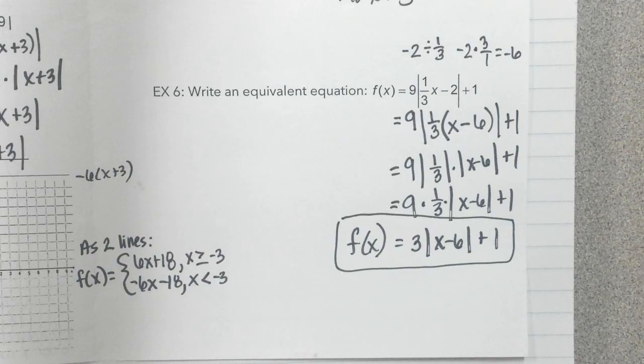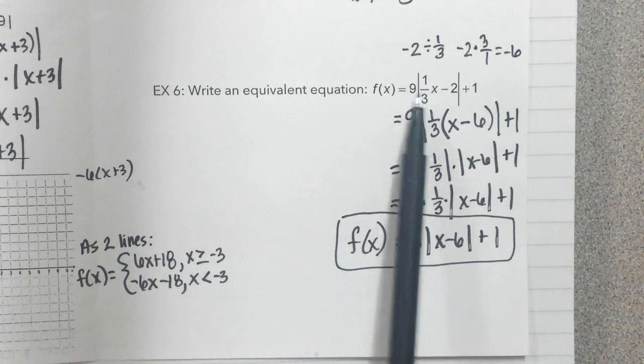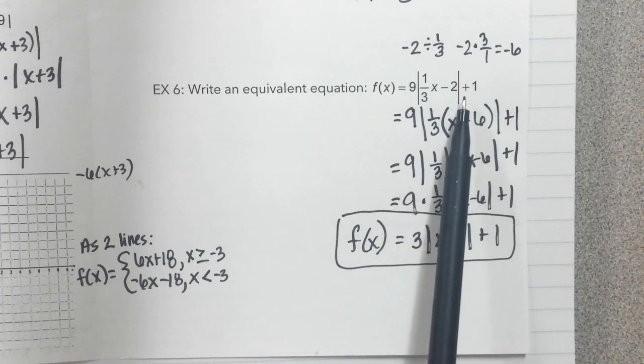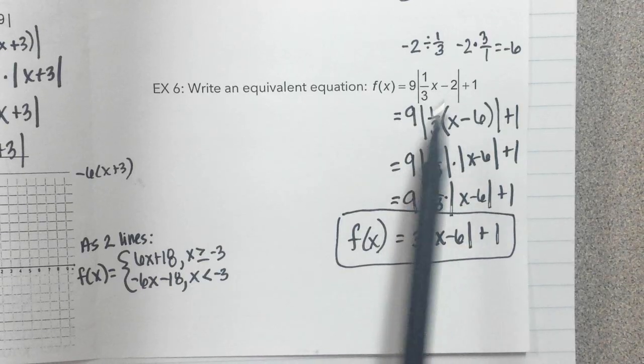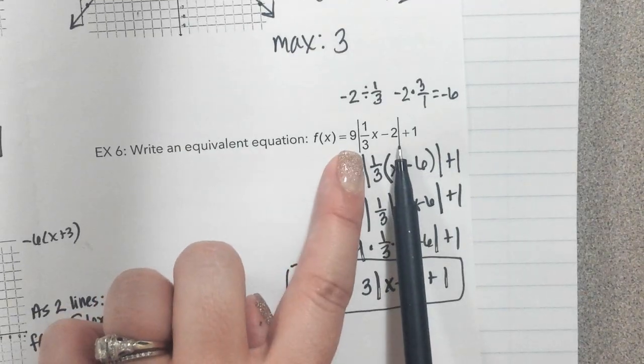Could you, in theory, distribute the 9 and then factor it back out? Well, you can't distribute over absolute value symbols. To be mathematically correct, you'd have to split it up into 2 lines, because this is not anything you can distribute over.